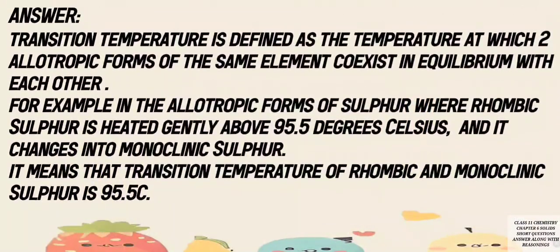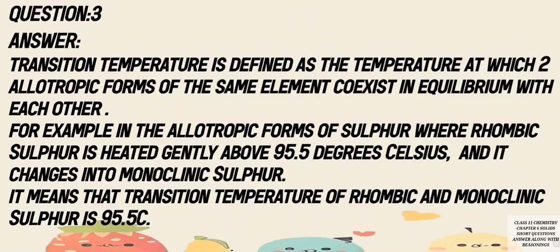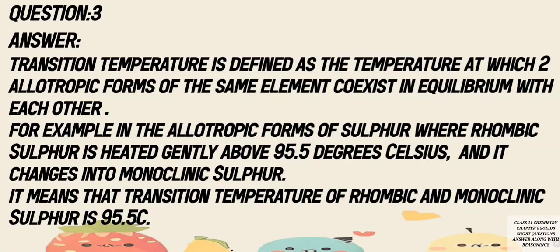The example of transition temperature is found in the allotropic forms of sulfur. इसमें क्या होता है कि ट्रांजिशन टेम्परेचर ऑफ रोम्बिक एंड मोनोक्लिनिक सल्फर का जो है वो है 95.5 सेंटीग्रेड, जिसमें ये दोनों फॉर्म्स एक ही एलिमेंट दैट इज सल्फर को एग्जिस्ट करती हैं इक्विलिब्रियम पर, दैट इज 95.5 सेंटीग्रेड.